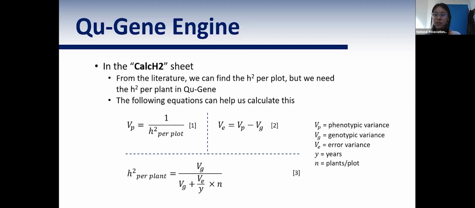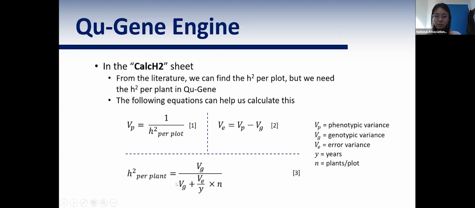Just so you guys kind of understand how the calculations are done, the phenotypic variance is based on 1 divided by the per plot heritability. The error variance is calculated by taking the phenotypic variance and subtracting the genotypic variance.